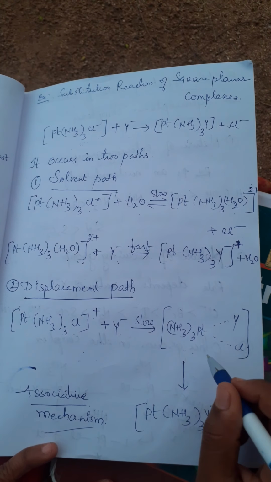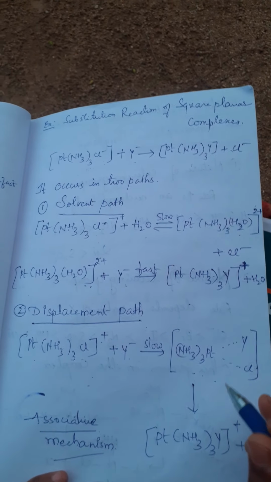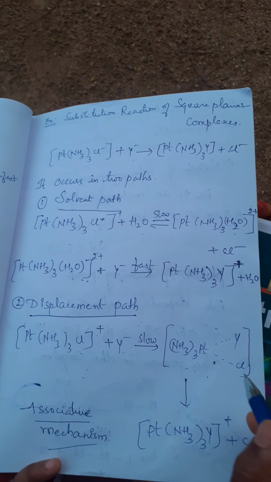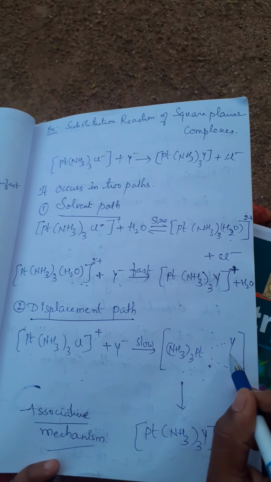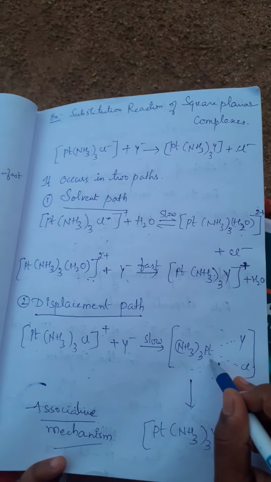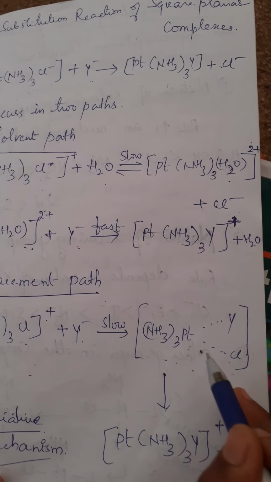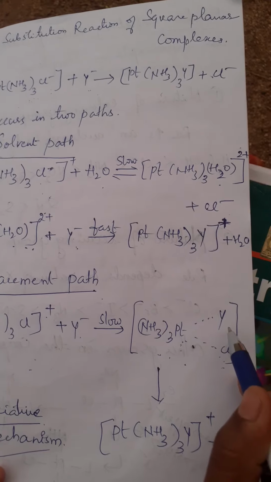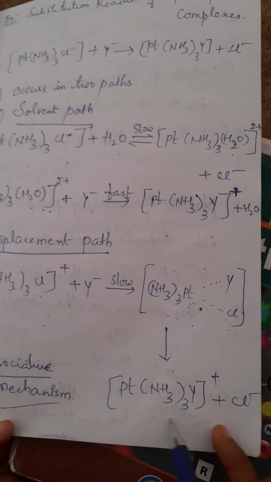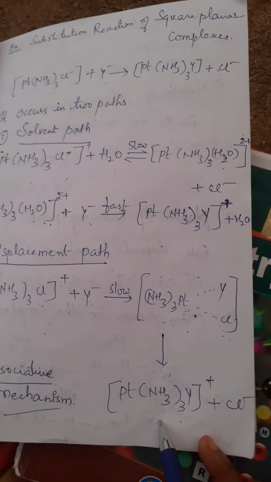This 5-coordinate intermediate is unstable and can easily lose the chloride ligand, because when the ligand Y with a negative charge or a pair of electrons approaches the platinum, the platinum-chlorine bond is weakened due to repulsive forces. After that, the chloride is cleaved and the resultant complex is formed.